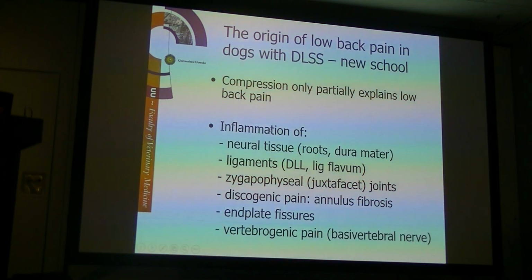We got inflammation of neural tissue, ligaments, the facet joints are involved in humans in low back pain, discogenic pain, even end plates, little fissures in the end plate may contribute to low back pain, and even the vertebrae themselves. And I'll talk about this at the end of the lecture.